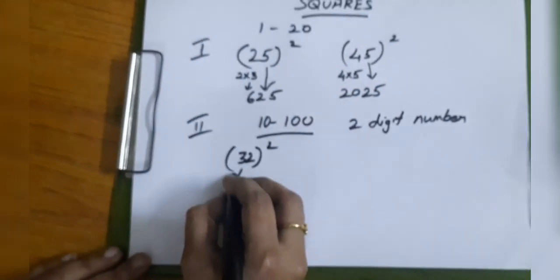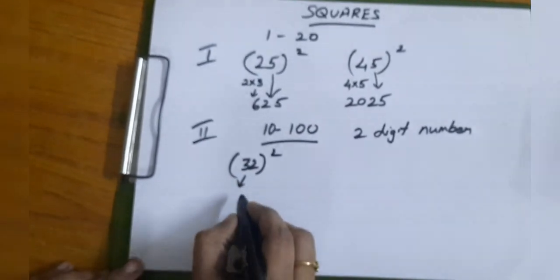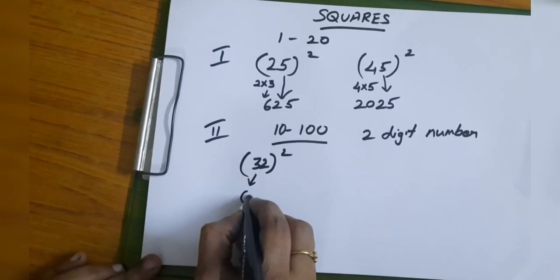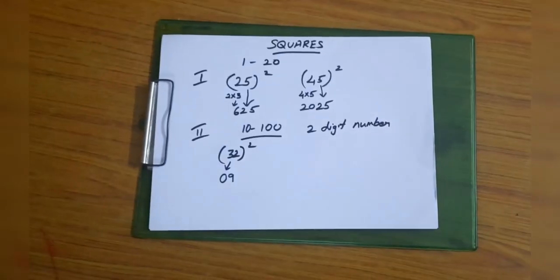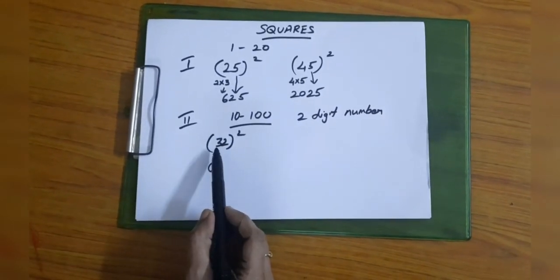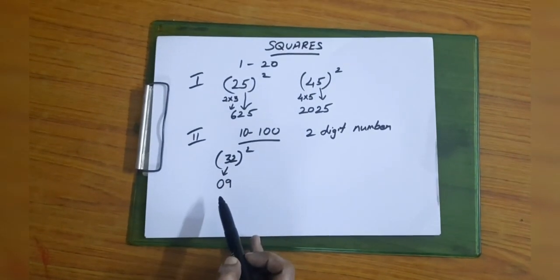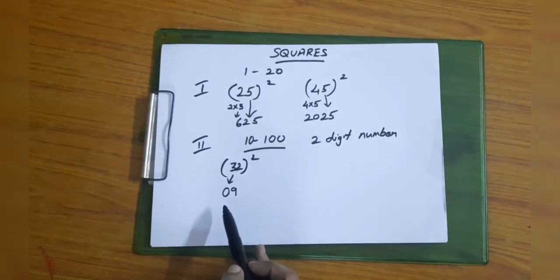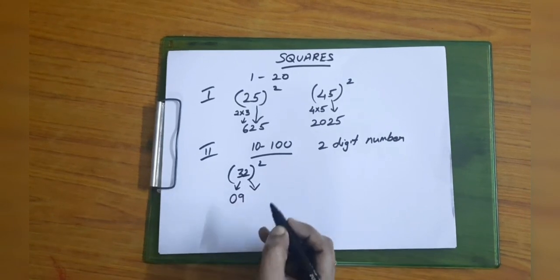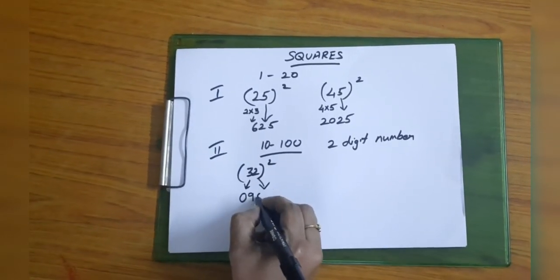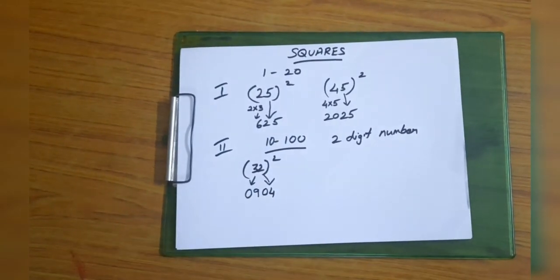First step, what is 3 square? 9. I am writing everything in 2 digits, so it is 0, 9. Next, 2 square, it is 4. So I am writing as 0, 4.